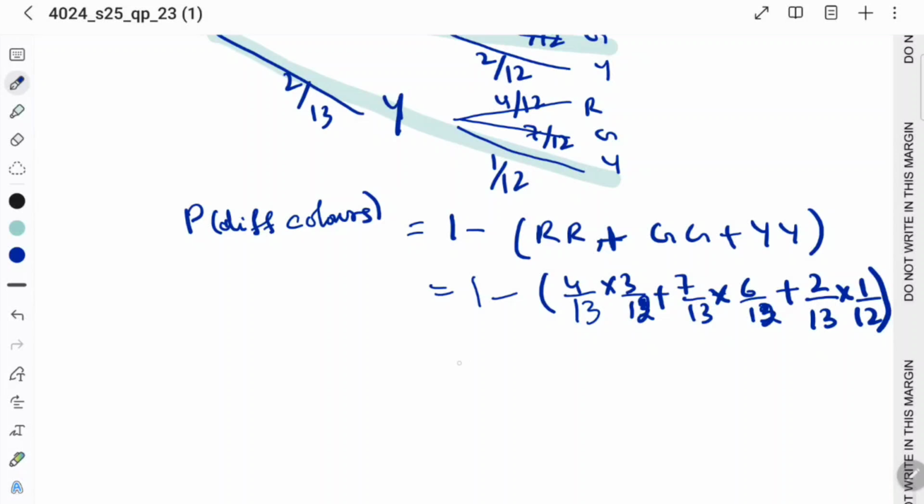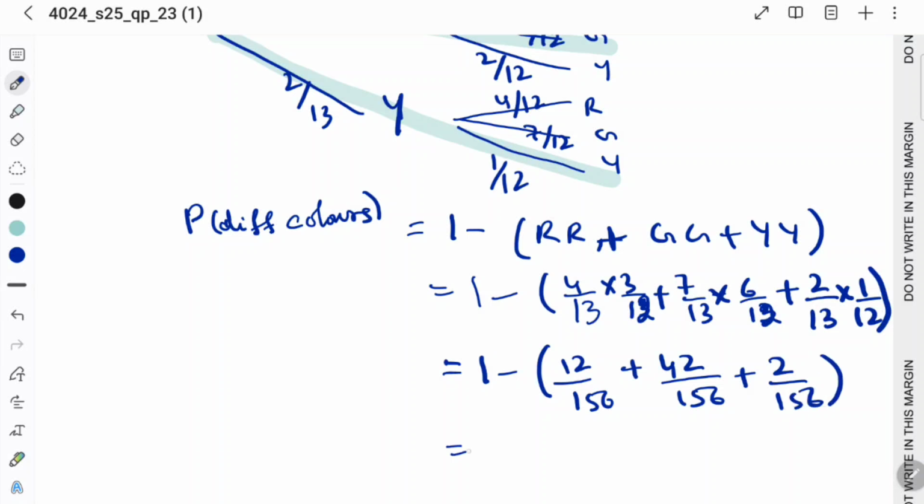Now 1 minus, you will have 12 over 156, plus 42 over 156, and then 2 over 156.